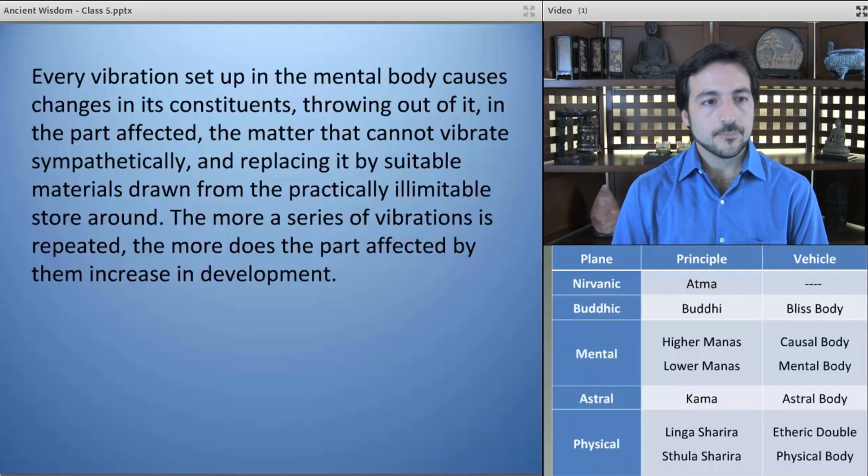If on the other hand we start turning our attention to higher things, then we begin to attract matter that is needed to express those higher interests, and that higher matter will push away the lower matter, because there is only so much matter that can be in the mental body. So this is a way in which the mental body changes in time.